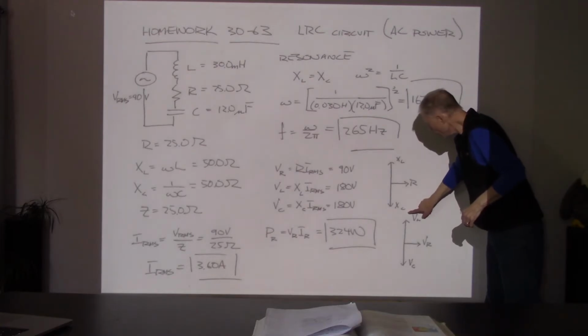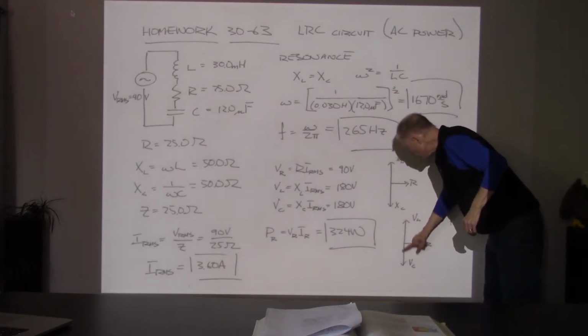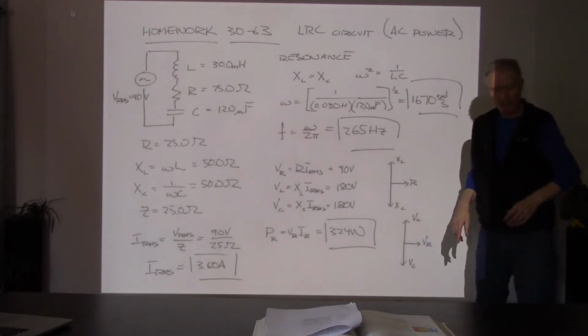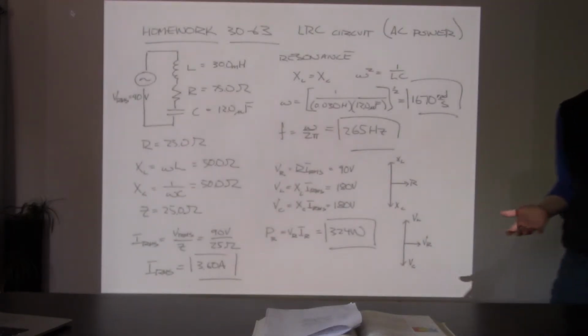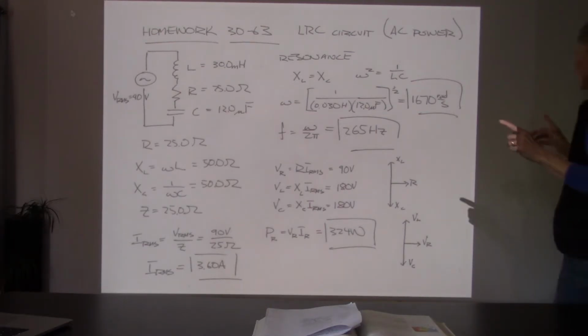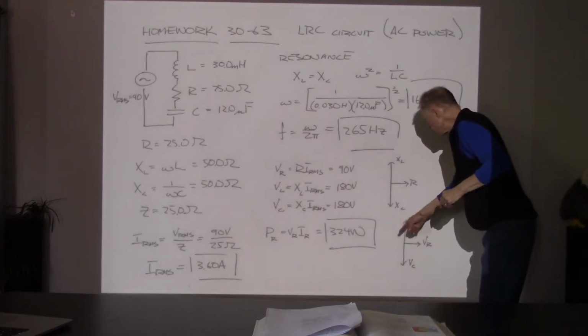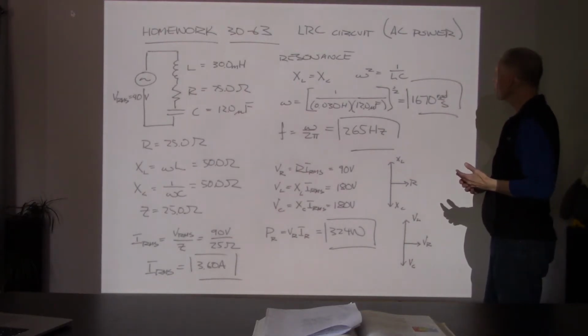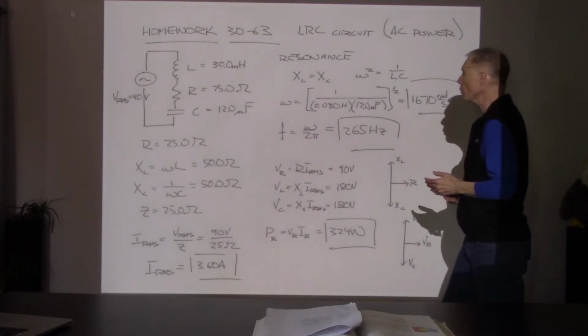But there is a way we can get the voltage across the capacitor and the inductor to cancel each other out. Now, they're not losing energy in any case, but what they are doing is limiting the amount of current. And if we can get the capacitor and the inductor to have equal voltages, and they're always going to be in opposite direction, then we can get that to go away.